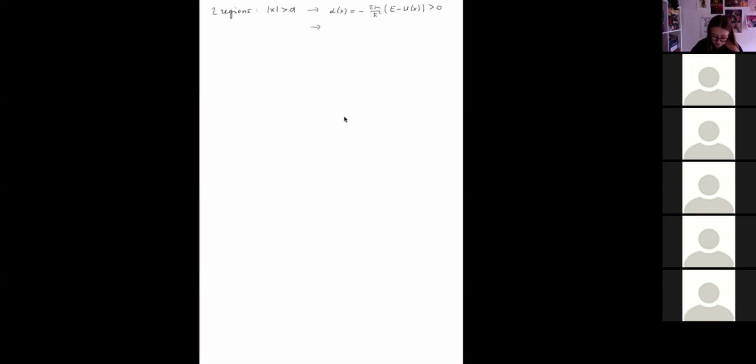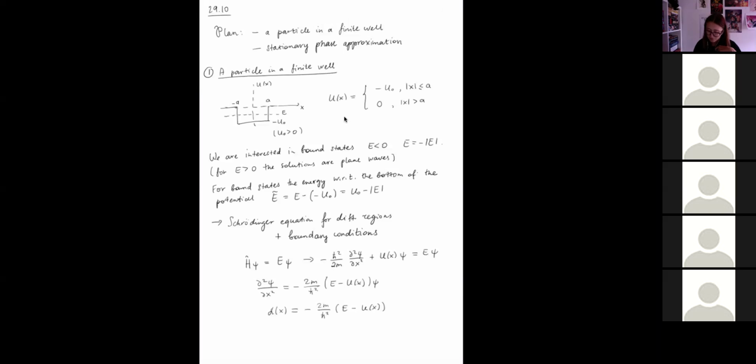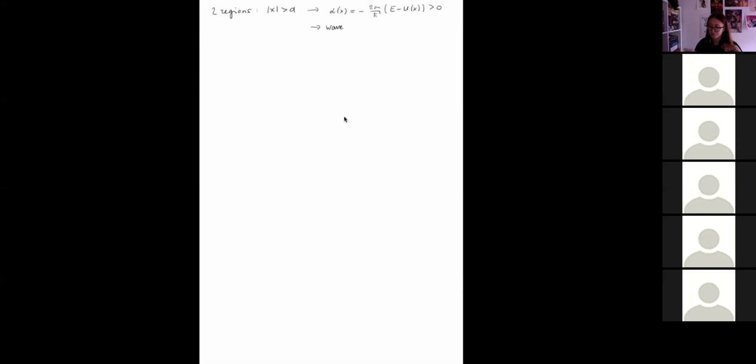And hence, the solutions to this differential equation, as we know from a differential equations course, are just the real exponentials. So the wave functions are real exponentials.